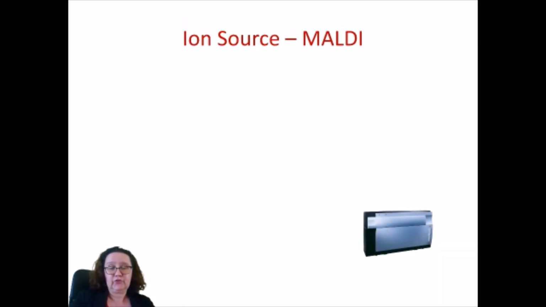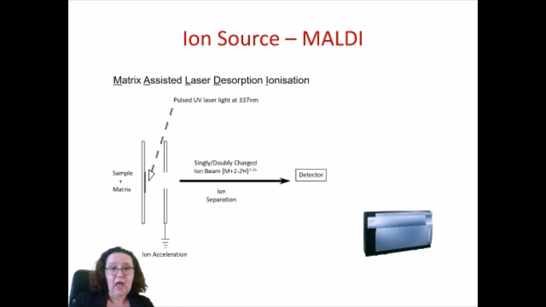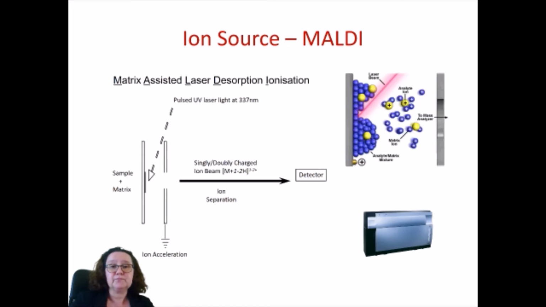Ion sources. MALDI-TOF is one of the very popular ones. MALDI stands for matrix-assisted laser desorption ionization. And the ions are produced, the sample is introduced in the equipment, mixed with a matrix. A UV laser light pulse is used to produce the ions.